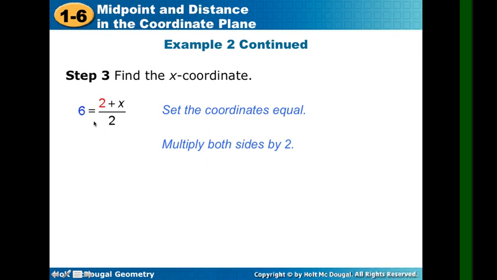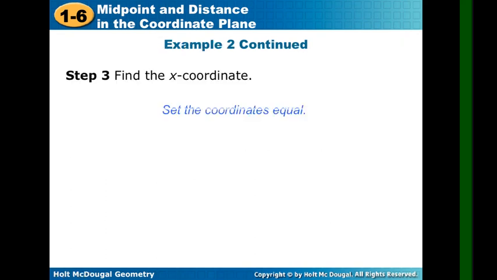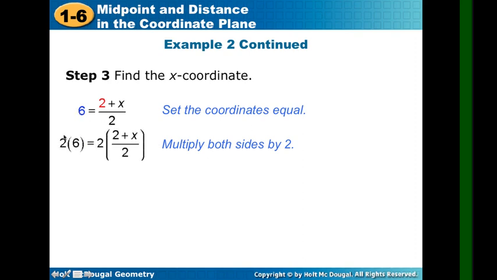Kinuha ko yung 6, which is the x coordinate, at saka yung partner nito, 2 plus x over 2. Pwede naman cross-multiply na lang, mas mabilis yun para maalis agad itong 2.